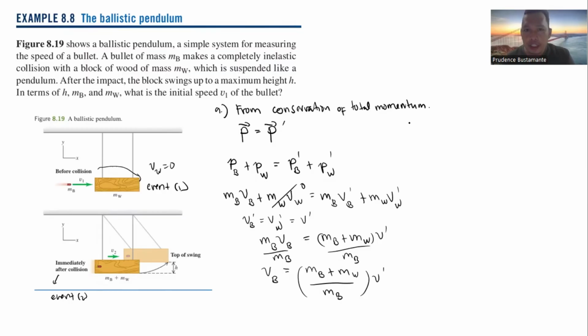And we can also use the conservation of energy here. Okay. So for our conservation of energy, we have point 1, before the block of wood was lifted, and point 2.